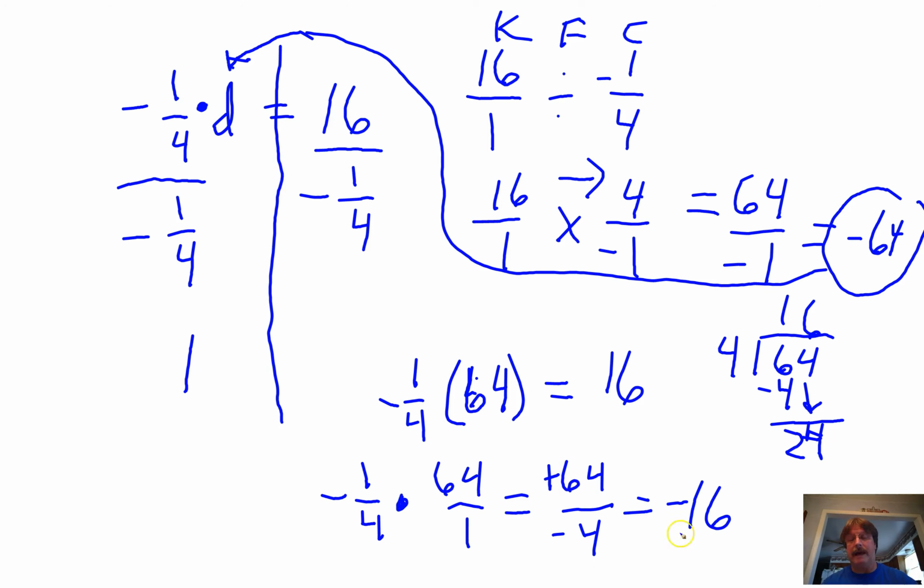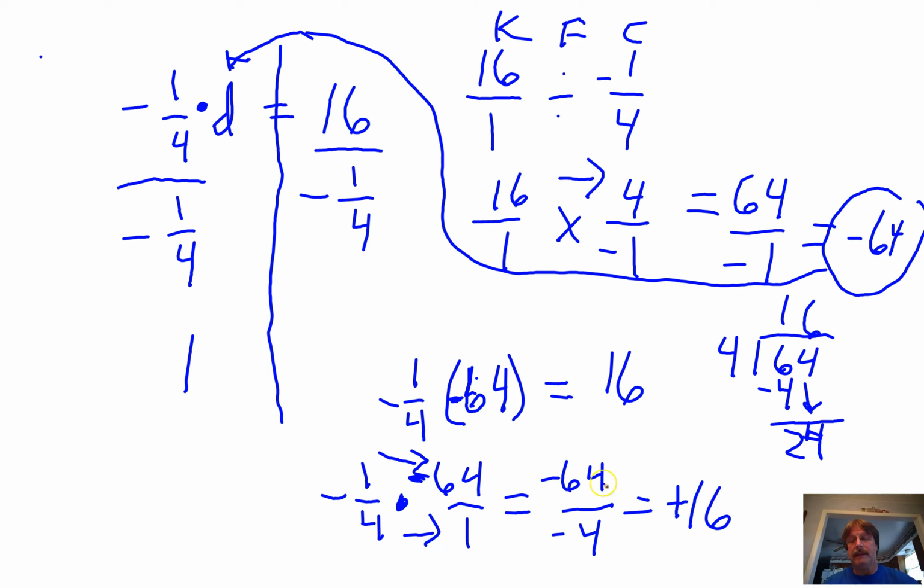So I've proven out, so I've gone ahead and done some of the work. And here I have the negative 1/4 times the negative 64 equals 16, because a negative times a negative is positive. So going through the actual steps, negative 1/4 times negative 64 over 1 is going to equal negative 64 over negative 4, because remember you just simply multiply straight across.